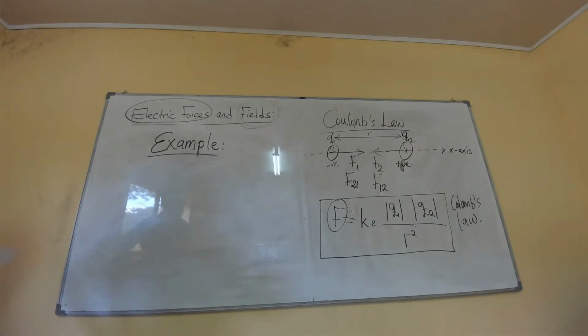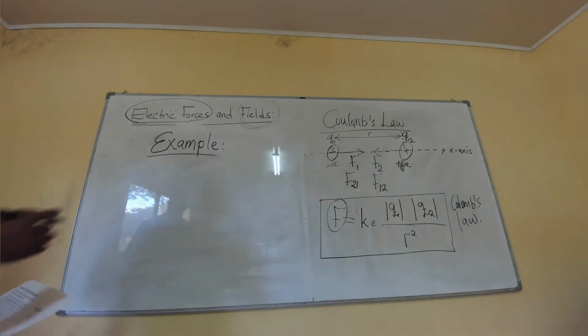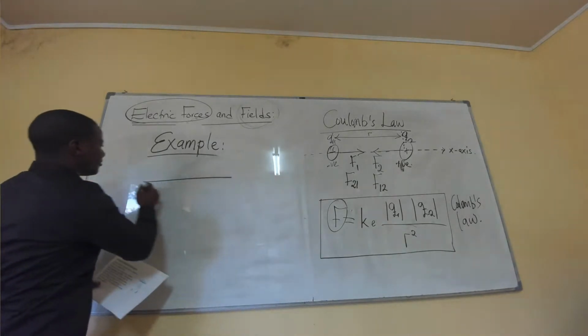So you have two metallic spheres, each of mass m equal to 0.2 grams. These are suspended as pendulums by light strings from a common point as shown in the figure. Okay, so that is our figure there.